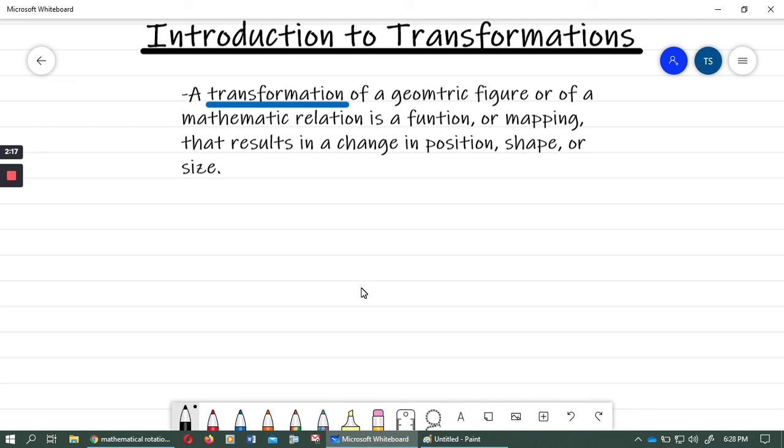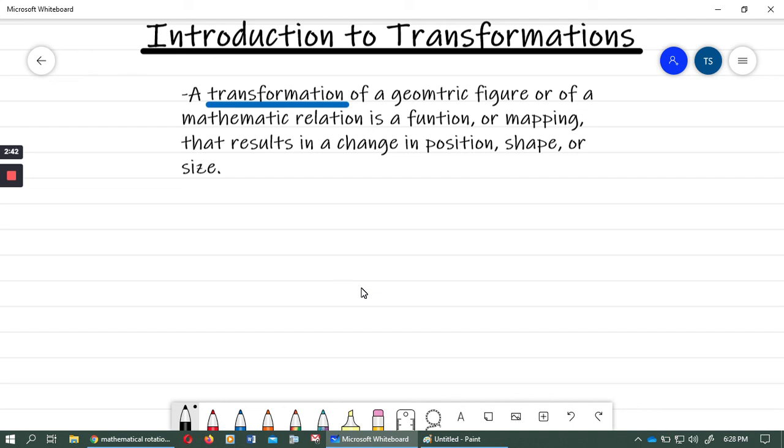A pre-image is the original figure, pretty much what it looks like before any transformations occur. Pre, again, that prefix pre. So that pre-image is the original figure or original object before any transformations occur.